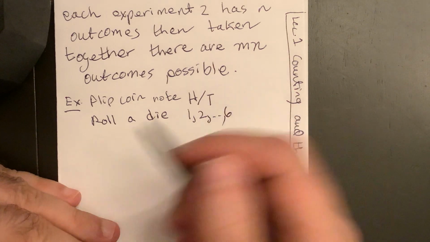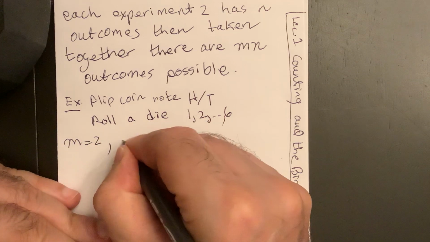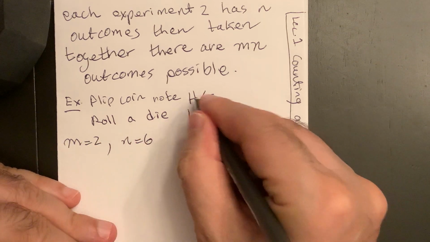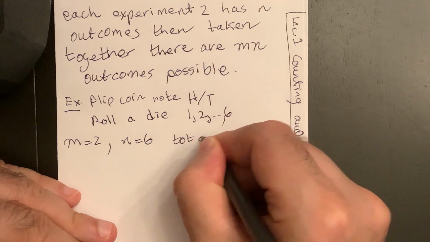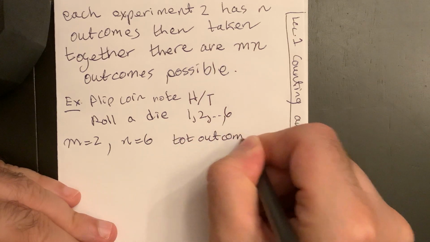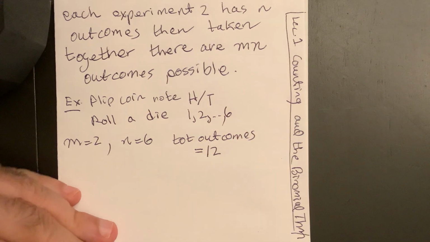Then M is 2, N is 6, because for each I always do this. So total outcomes equals 12. Okay.